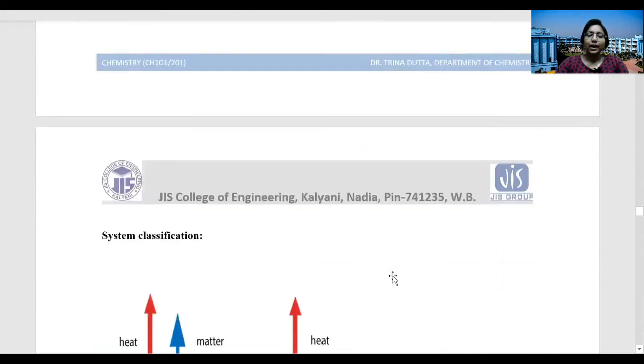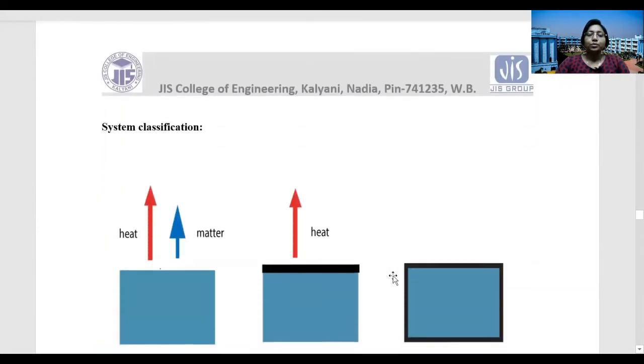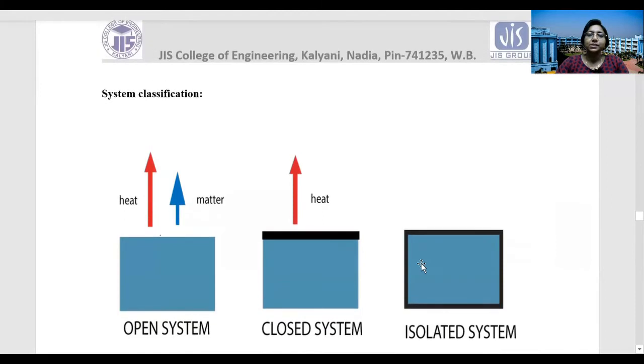Okay, you can understand. Now, this is the system classification. A system is of three types: first, the open system; second, the closed system; and third, the isolated system.